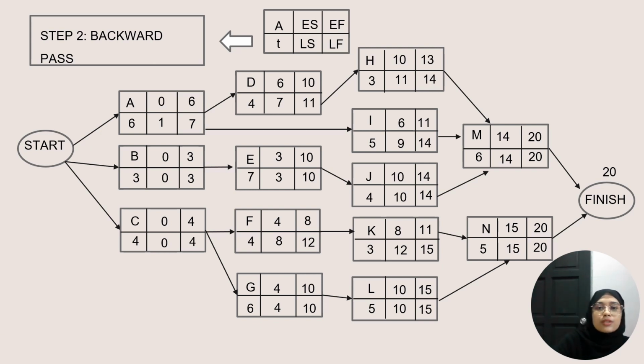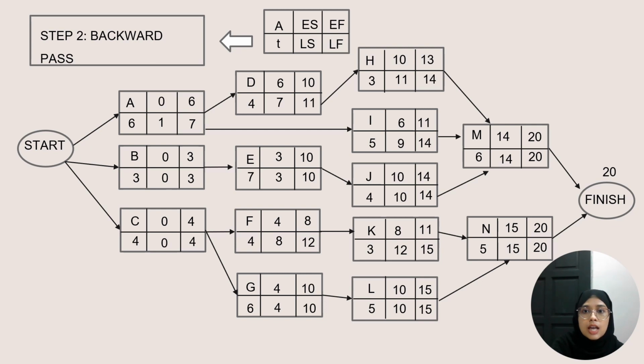Now, C has two successors, F and G. Their latest start times are 8 and 4 respectively. As a result, the latest time C must finish is 4 for G to start.